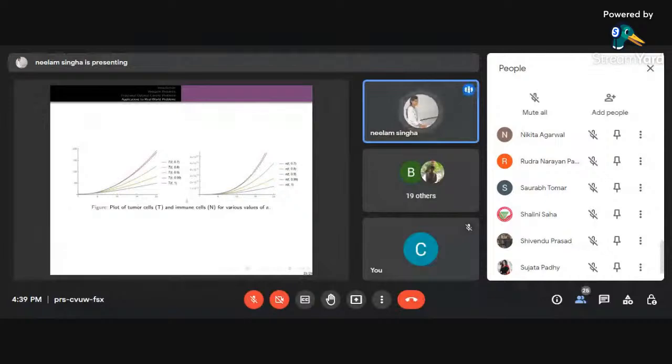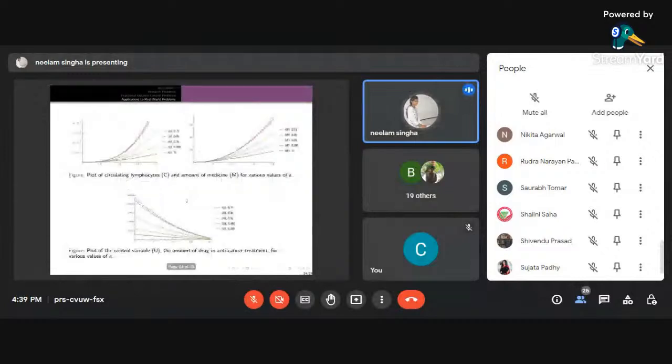You may ask that tumor cells are increasing, but our problem, if you see, was to optimize the amount of drugs given to the patient. Correct. So here again is a plot of lymphocytes and amount of medicines given, but our control variable is U, this one, and its nature can be easily observed here. Whatever value of alpha you take, the plot of U is decreasing. Correct?